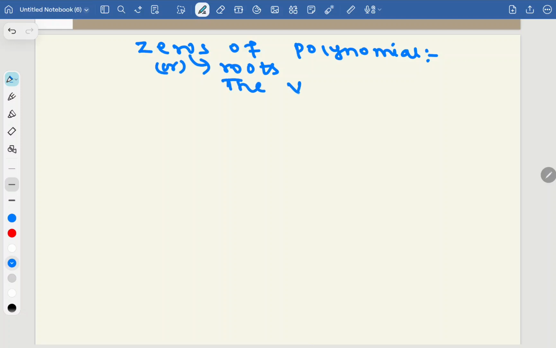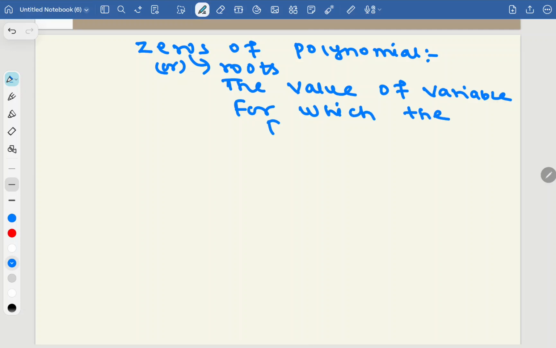The value of the variable for which the polynomial becomes equal to 0.